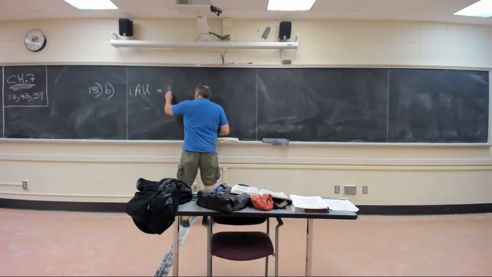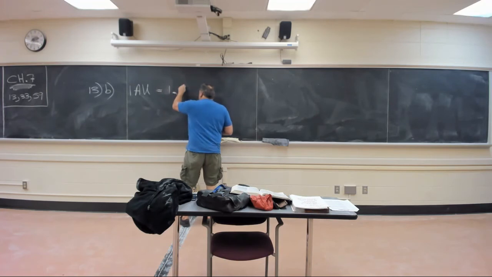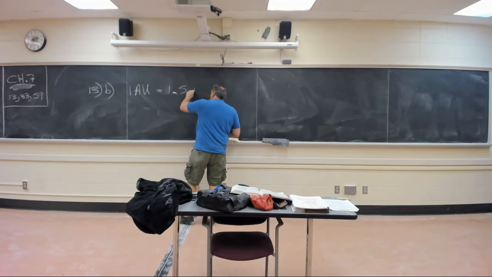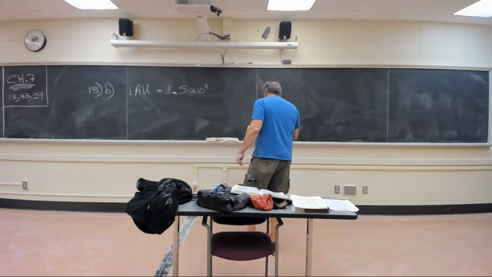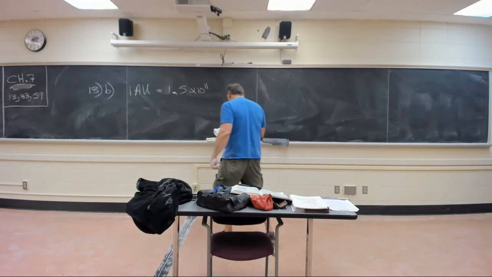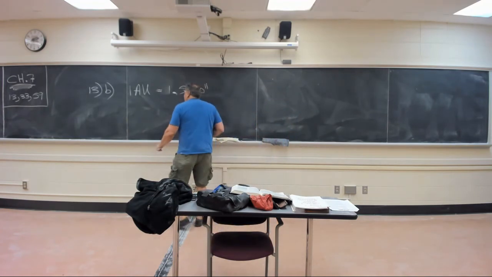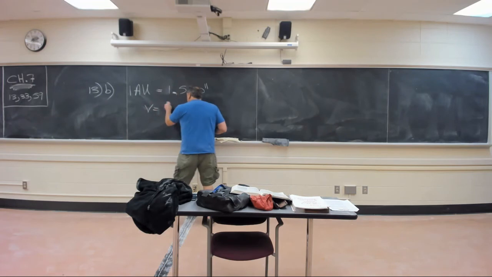AU is, and there are a number of ways to proceed, as I say here. How fast is this thing going? Well, okay, let's just do it. 2 pi r over t.